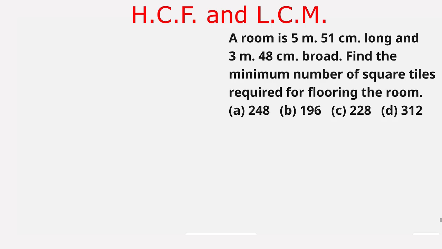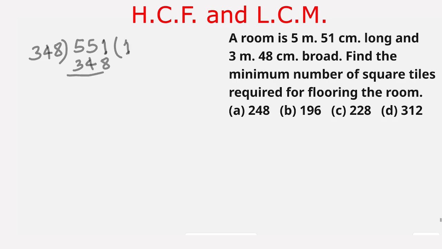The length 5 meter 51 centimeter can be written as 551 centimeter, and we divide it by the breadth, which is 3 meter 48 centimeter or 348 centimeter. 348 divides 551 for one time.